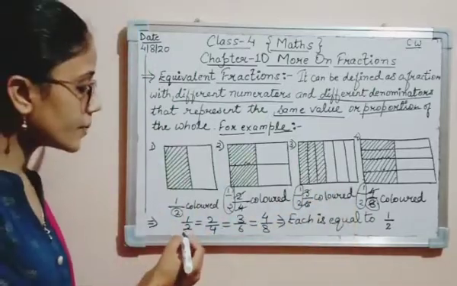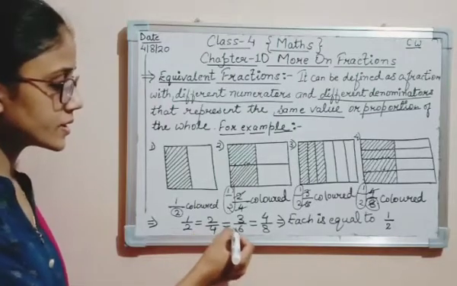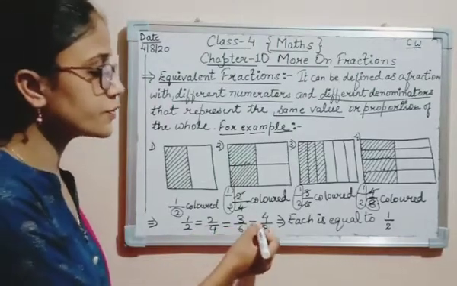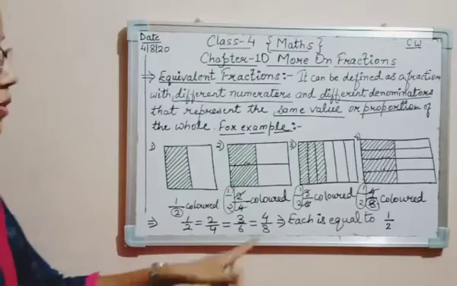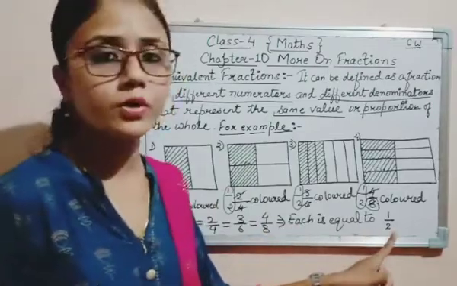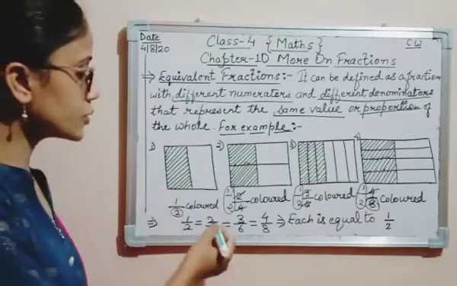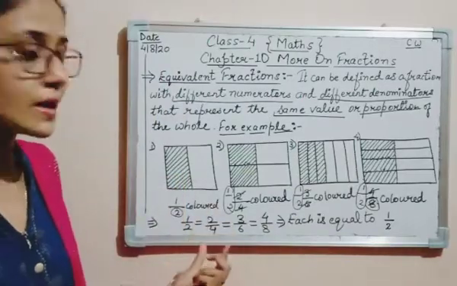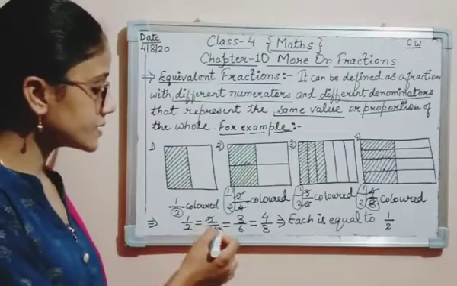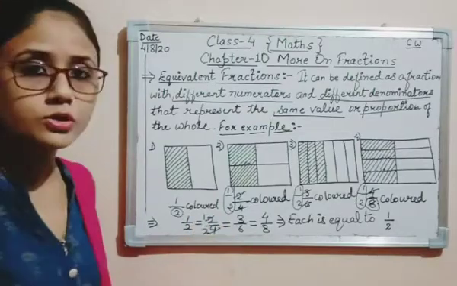So here 1 upon 2 is equal to 2 upon 4 is equal to 3 upon 6 is equal to 4 upon 8. Why? Because each is equal to 1 upon 2. हम इसको whole part को 1 upon 2 किसके equal है? 2 upon 4. क्यों equal है? Why? Because if we cancel it, we get 1 upon 2.